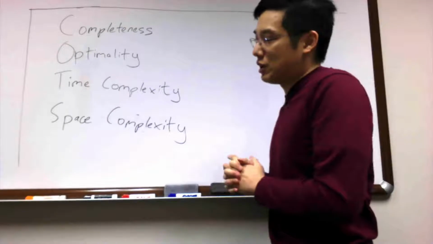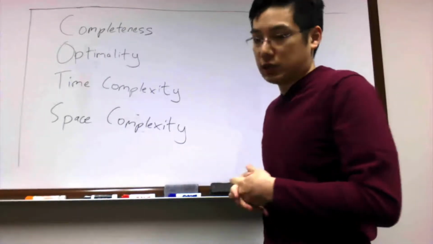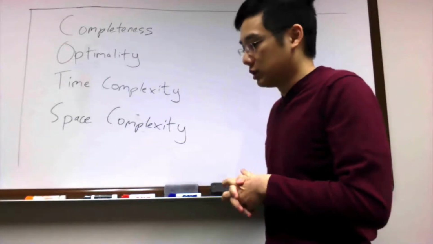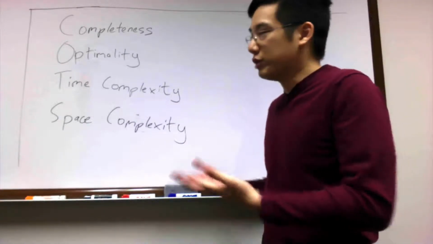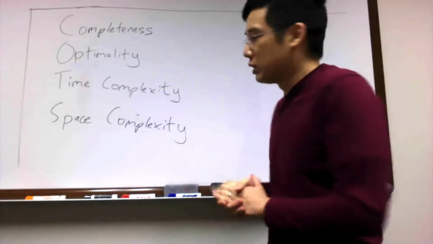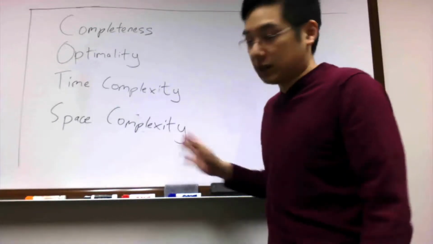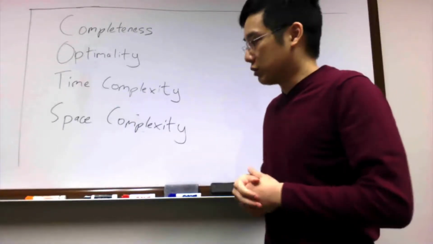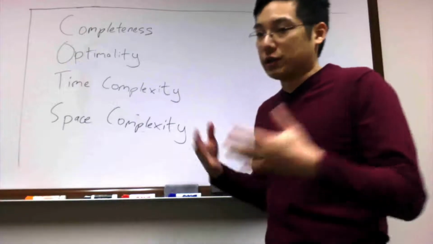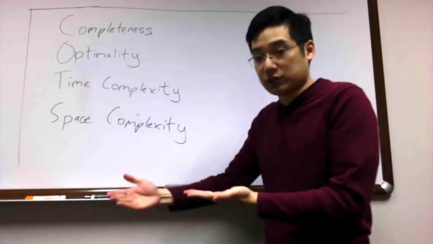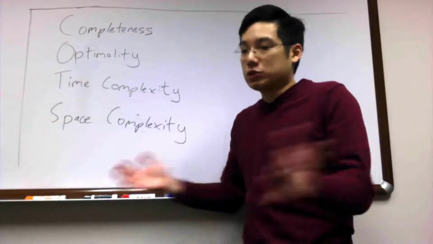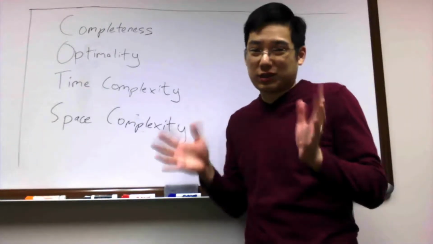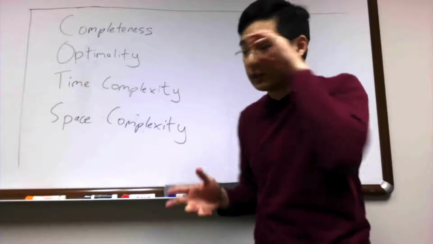It's not often the thing that we think about when we design algorithms, because usually the algorithms that we study in school have pretty good space complexity, so we don't have to worry about it too much. But in the case of search algorithms, it can get pretty tricky, because if you're storing information about all the states that you visit, and you visit something on the order of the number of states, that can be super expensive, because the number of states can often be something exponential in the input size.